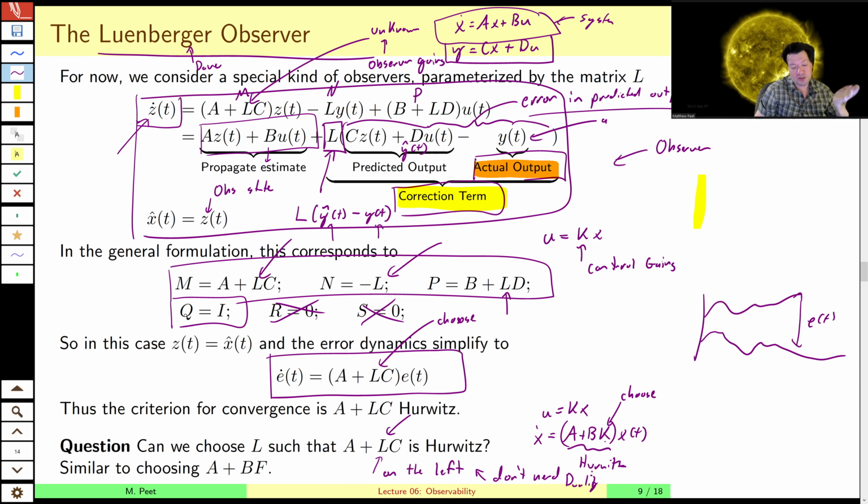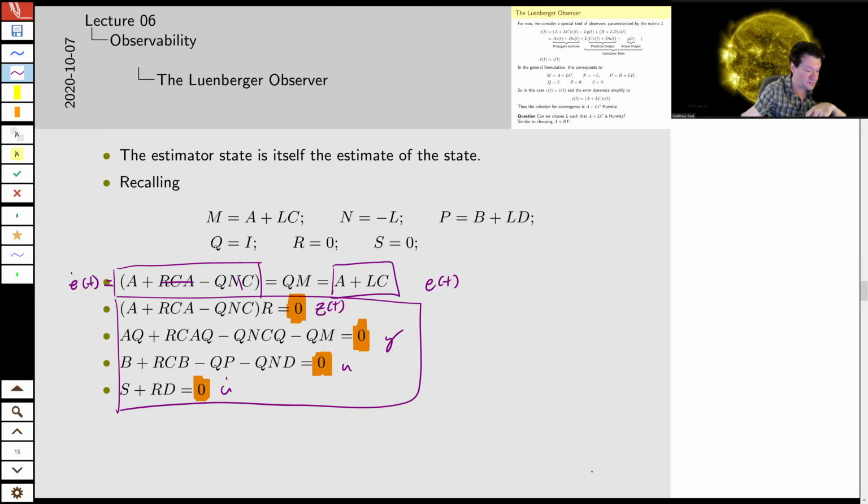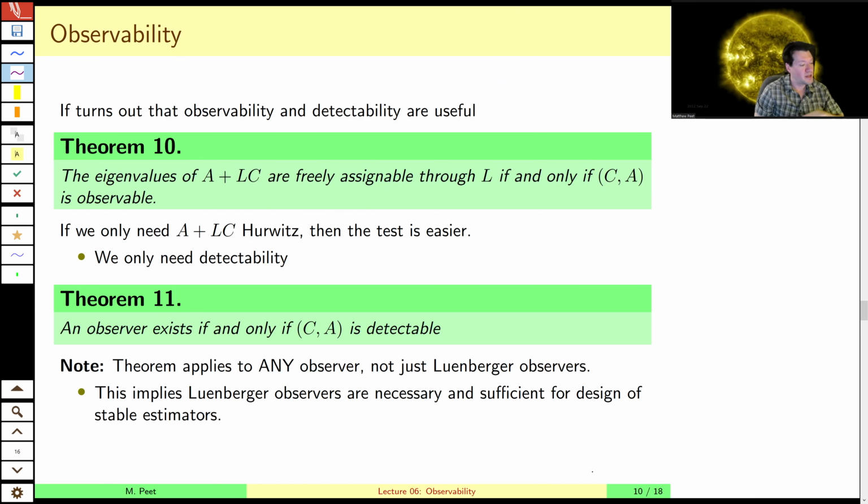But in fact, of course, what we do is we use duality in order to just transform this problem to the controller synthesis one, which we've already solved in the previous lecture. So specifically, remember our goal here. We have a system.